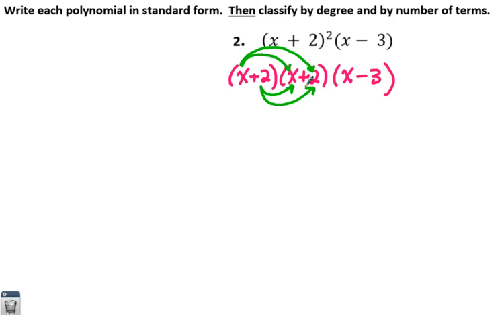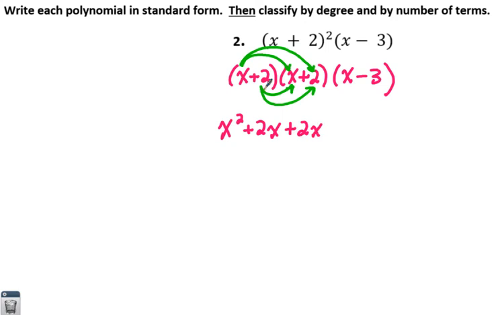A lot of teachers call this FOIL when it's a binomial times a binomial, but we're just going to distribute. So x times x is x squared, x times 2 is plus 2x. And now we distribute this 2, okay? 2 times x is 2x.